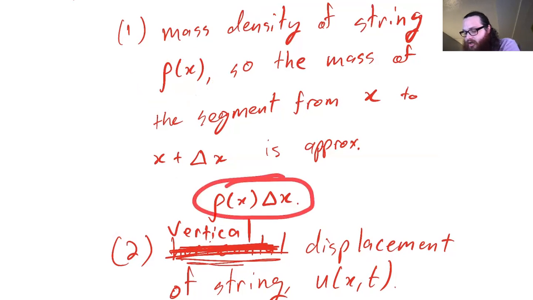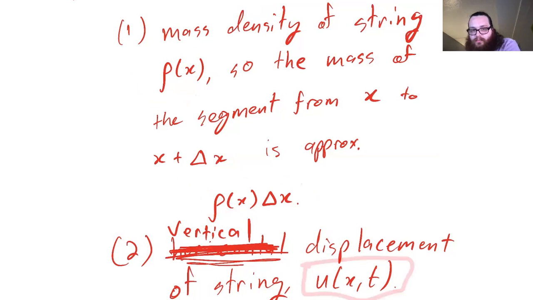Well, that's going to be approximately your mass density, so mass per meter or whatever unit of length we want, times unit of length. So this is mass, this is position, and these are what we're going to feed in to get mass times acceleration.